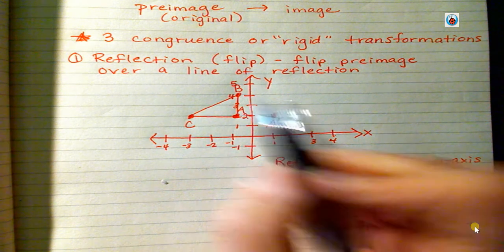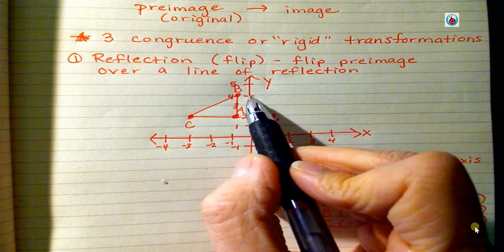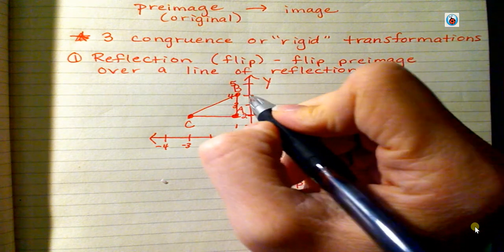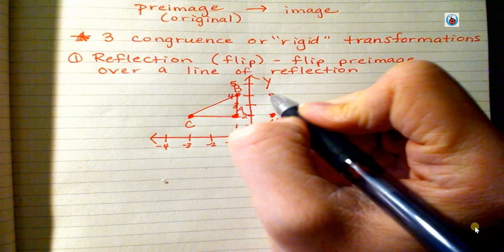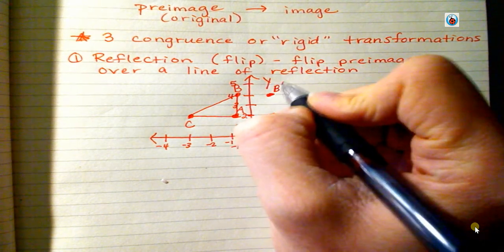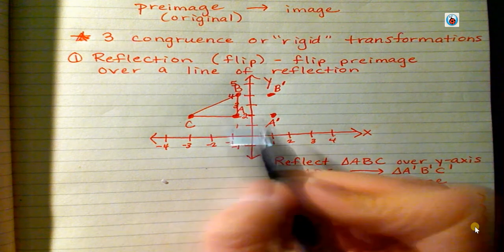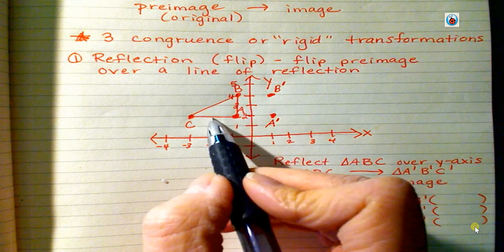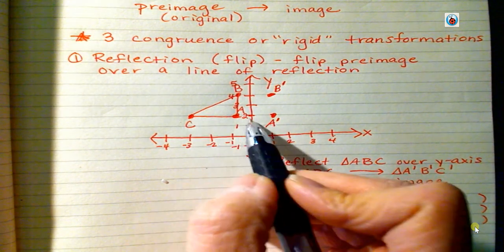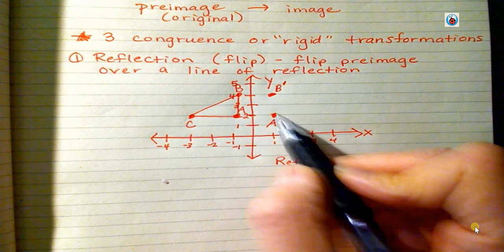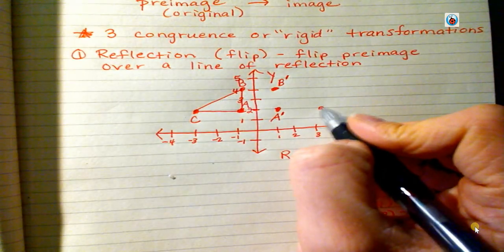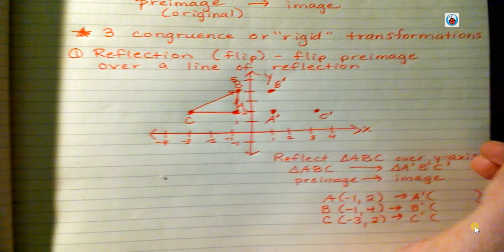Then I look at point B and I say it's 1 unit to the left of the y-axis. So for point B, I go 1 unit to the right of the y-axis, and I label that point B prime. And then last, I look at point C and I say, hey, point C is 1, 2, 3 units to the left of the y-axis. So I'm going to go out 1, 2, 3 units to the right of the y-axis and label that point C prime.